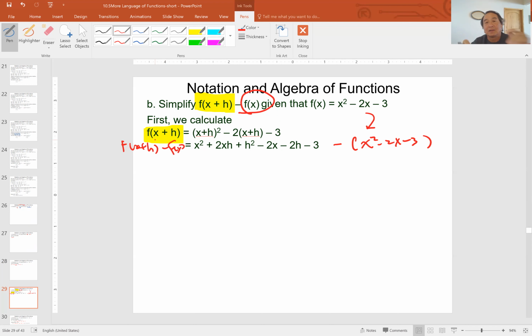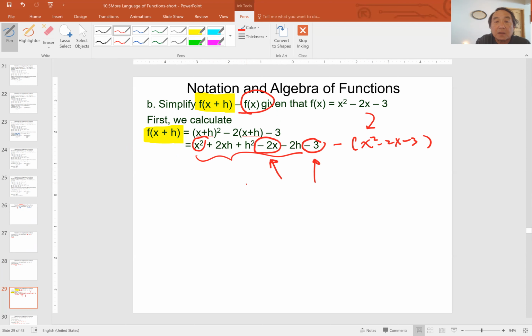I just want to point out at this stage that in the expansion of f of x plus h, in the case of a second degree polynomial, there's always a copy of f of x precisely in there.